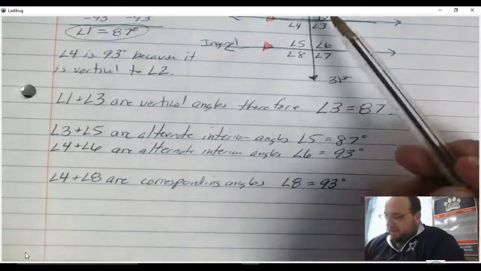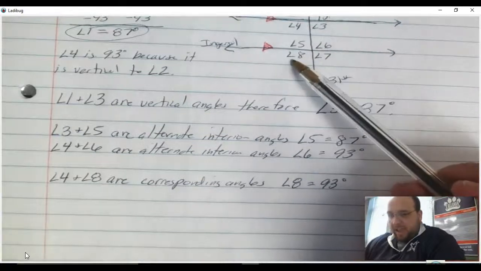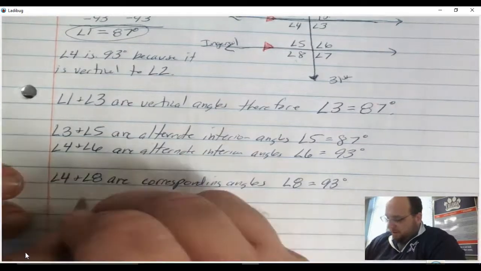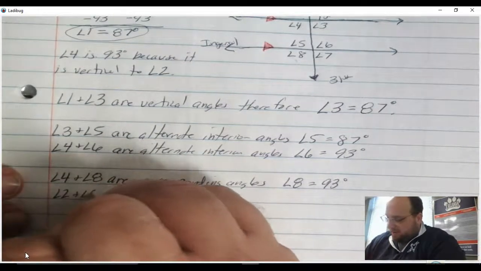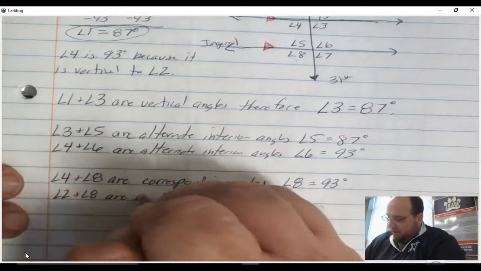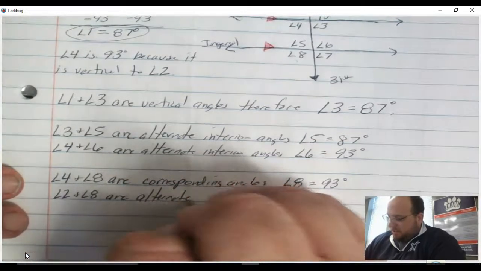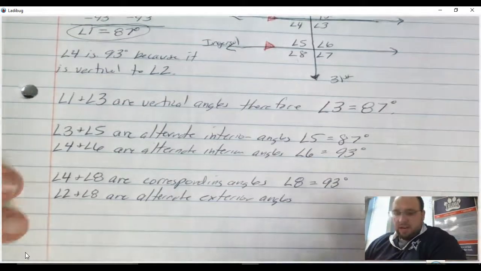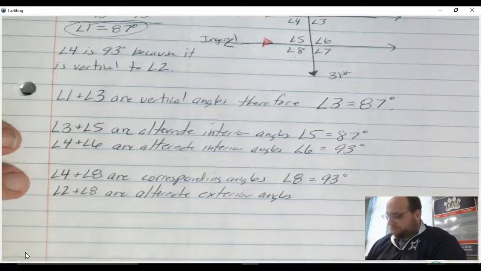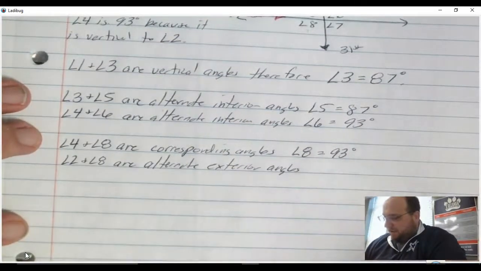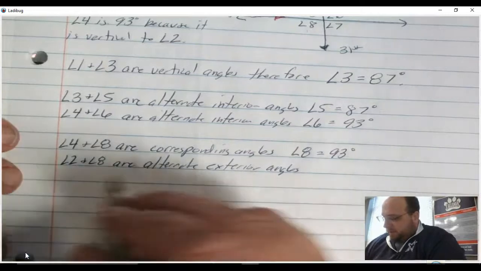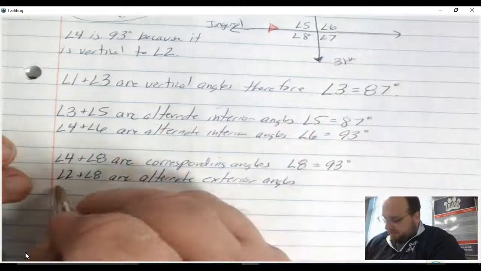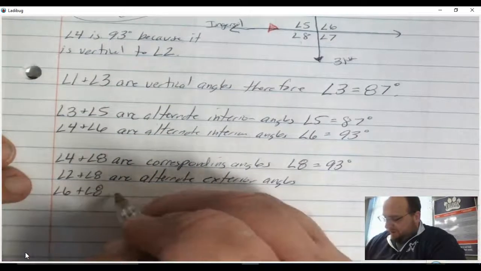You could have also said that angle 2 and angle 8 are alternate exterior angles, which is another reason why angle 8 is 93 degrees. Lastly, we have angle 7. Oh, I forgot that one. We could have also done vertical angles: angle 6 and angle 8 are vertical angles.